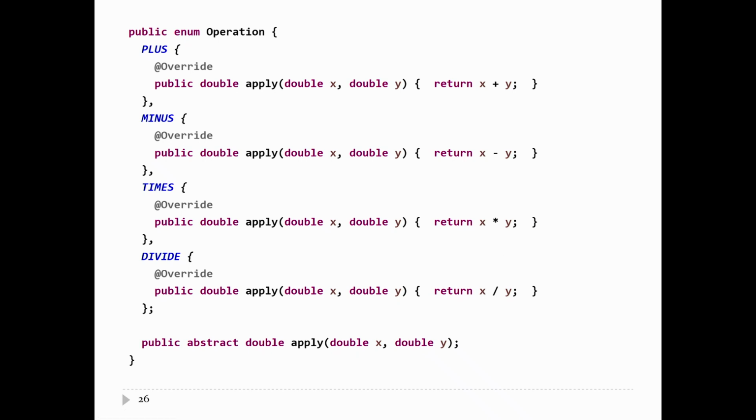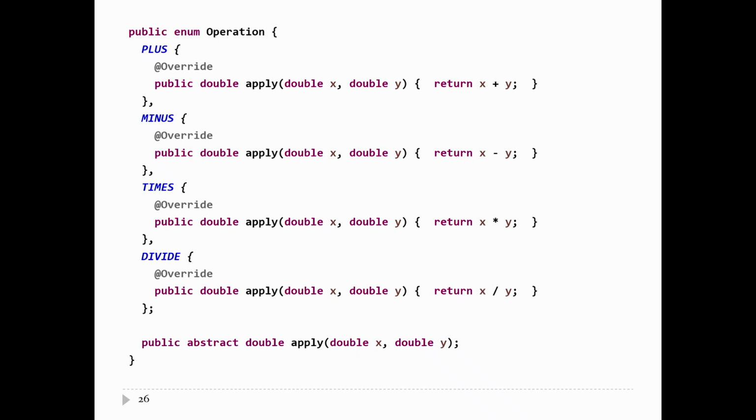Now you can write code like Operation.PLUS.apply(1, 2). But you don't have to, because remember, this is just a constant, so you can actually store it in a variable.